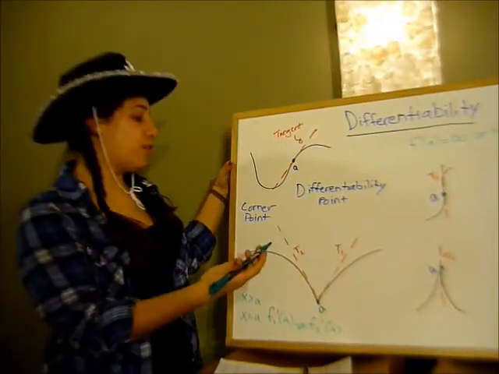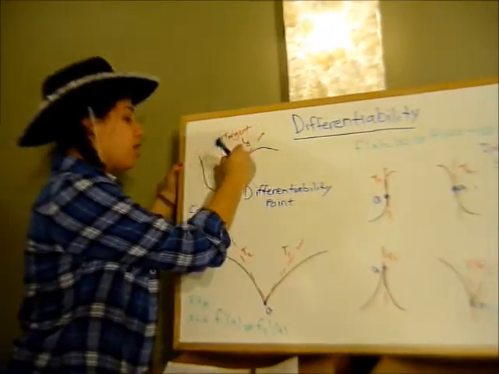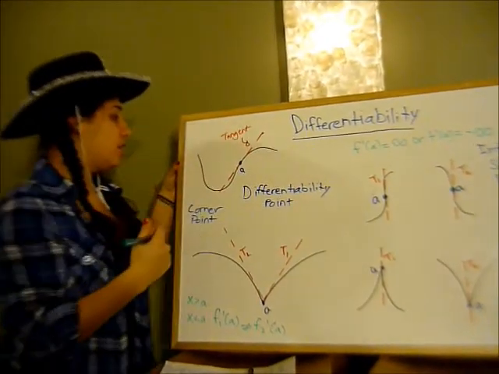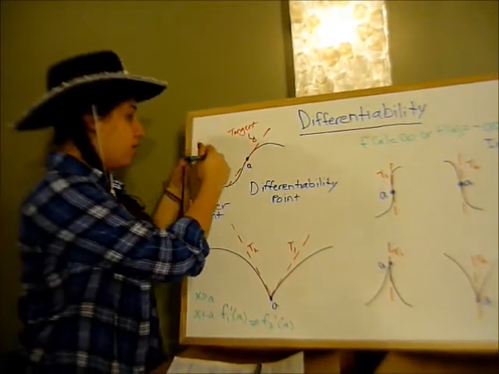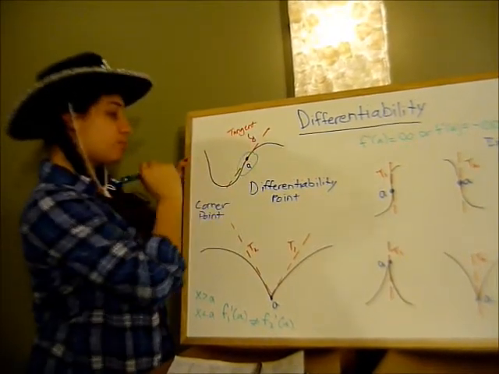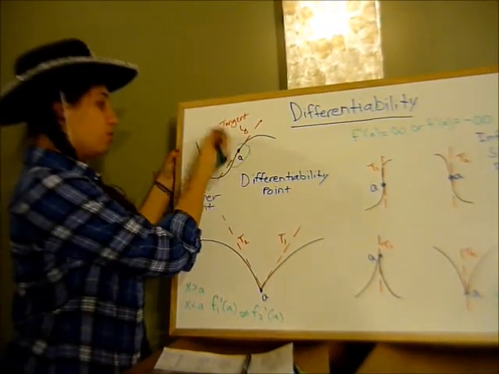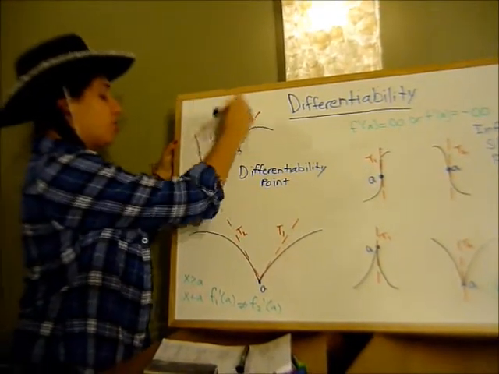The best way to figure out if a function is differentiable by looking at it is to take any point, point A, and see if its tangent is unique and not vertical. For this point right here, A, the tangent is unique, there's only one of it, and it's not vertical, which means that the function is differentiable.